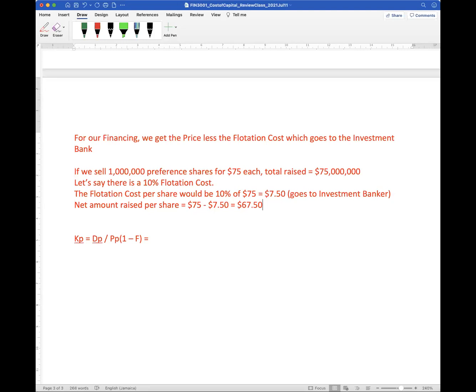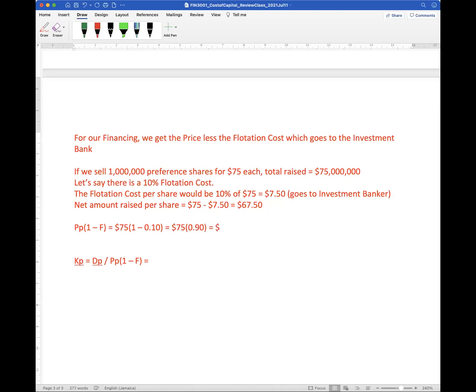So looking at our question now, by the way, let me show you the $67.50. The denominator, the price of preference shares times 1 minus F, would be 75 times 1 minus the 10% flotation cost, so 0.10. That equals 75 times 0.90.